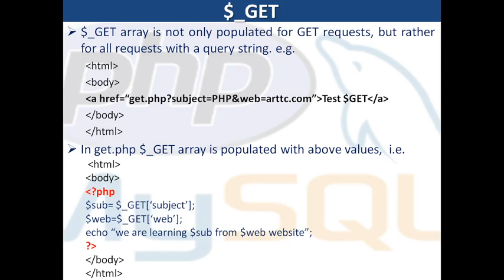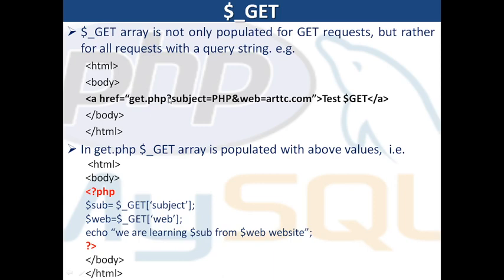$_GET array is not only populated for get request, but rather for all requests with a query string. For example, here we have a table document, and within a table document there is an anchor tag which is just navigating to get.php with information subject question mark.